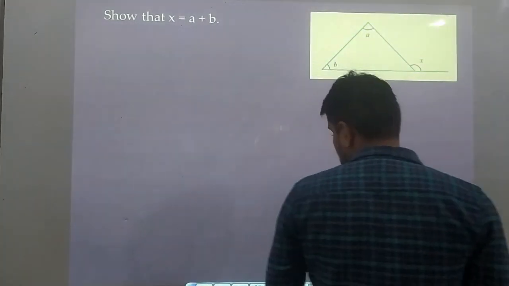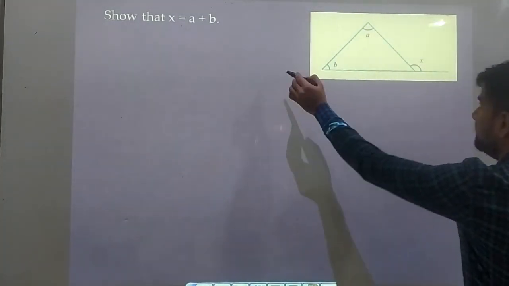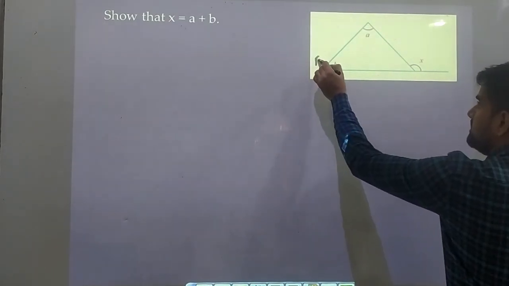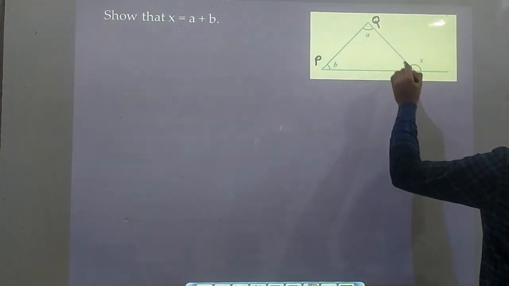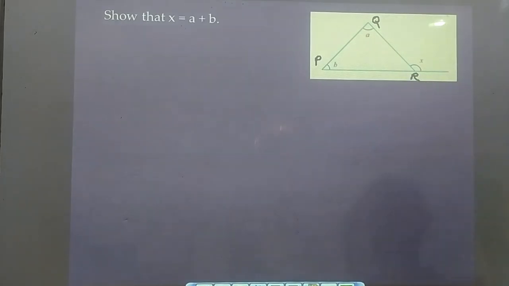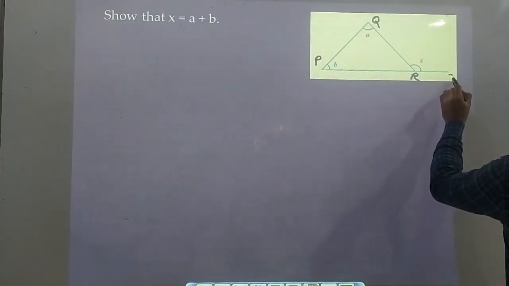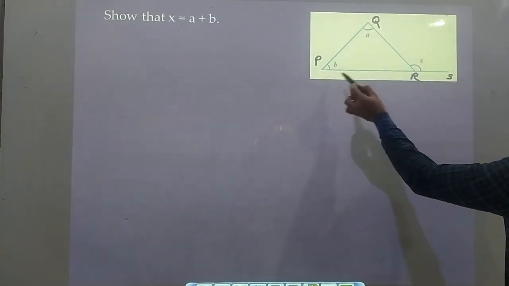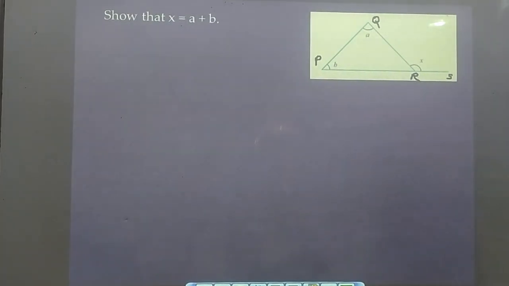If I mark this triangle as, let's say, this is P, this is Q, and this point is R, so this is triangle PQR. And let's say this is S. PS is a straight line, and you can see that PS is a straight line here, right?